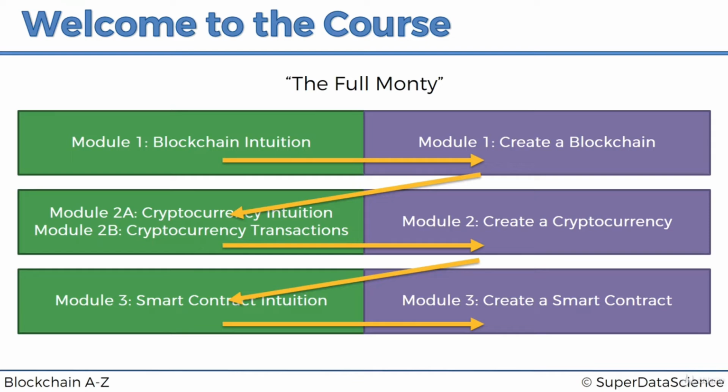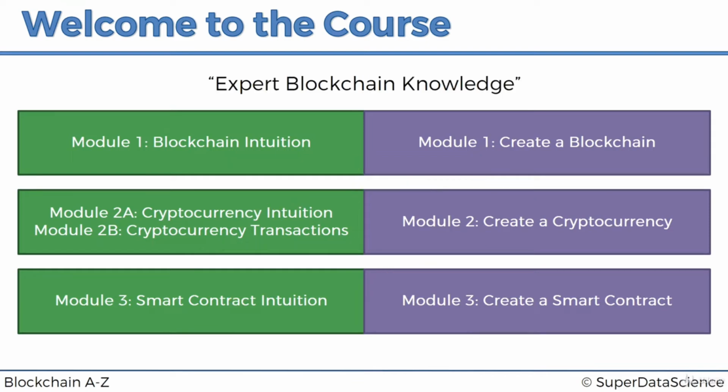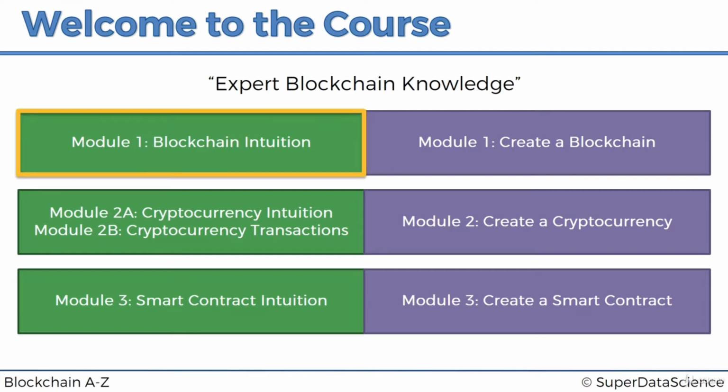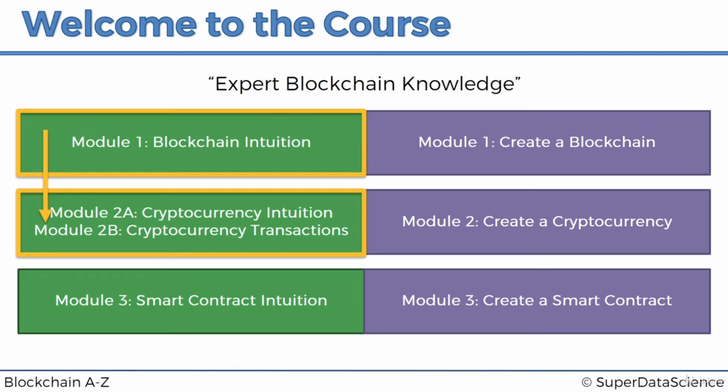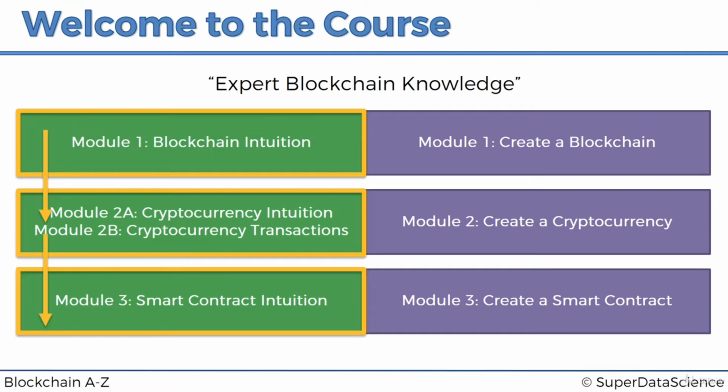In that case, you could take the blockchain expert knowledge path through the course, and you could simply go through Module 1 intuition, Module 2 intuition, and Module 3 intuition, completely disregarding the coding aspects of it.